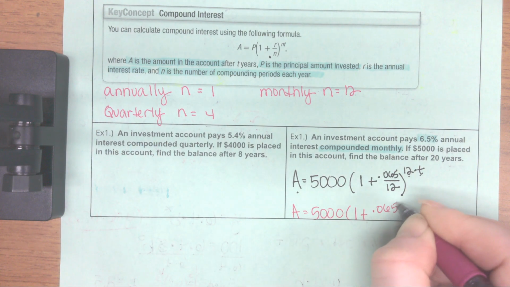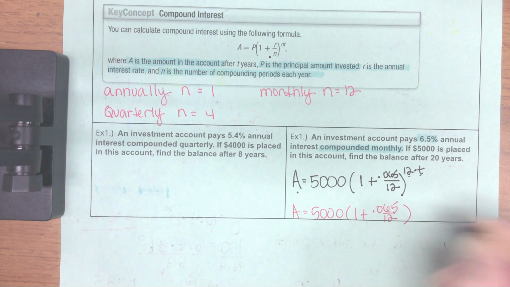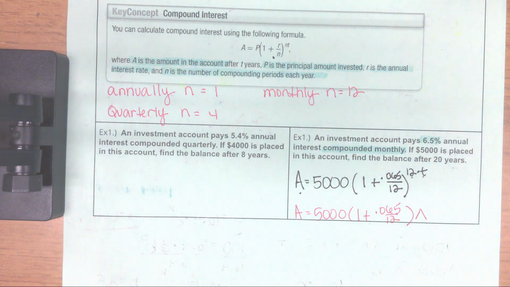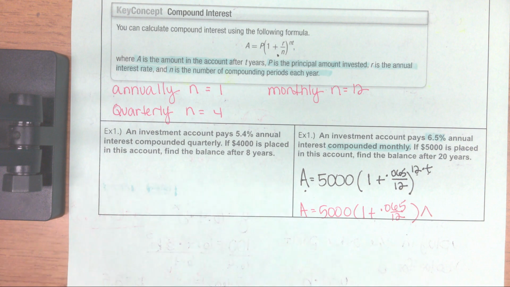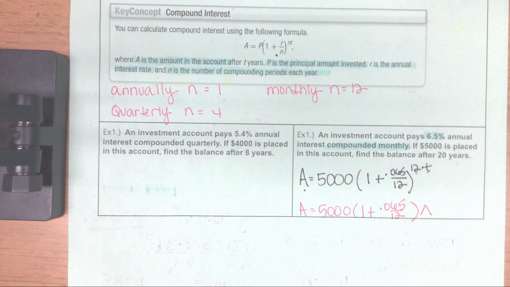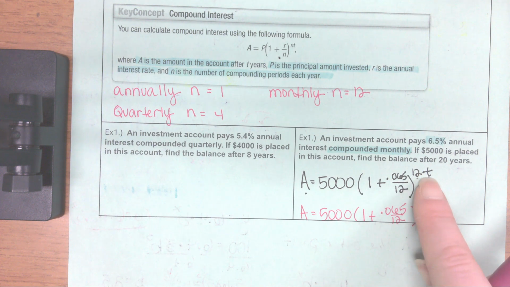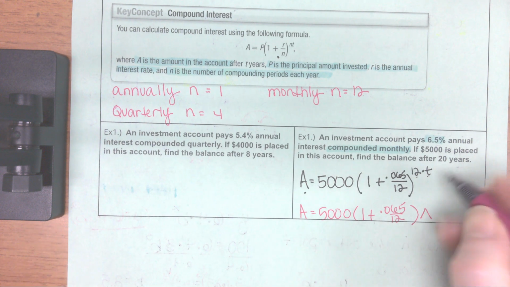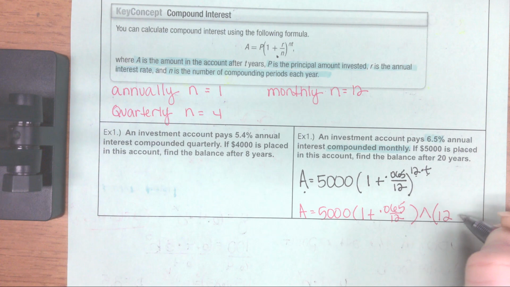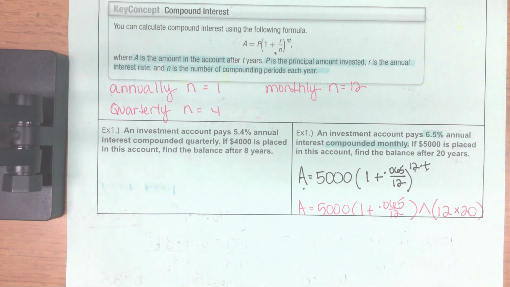Here's one thing I will tell you guys. If you're typing this in, especially on the littler calculators or an older calculator, you're going to either want to do 12 times 20 first, or you're going to want to use parentheses when you type that in. All right, let's do it.